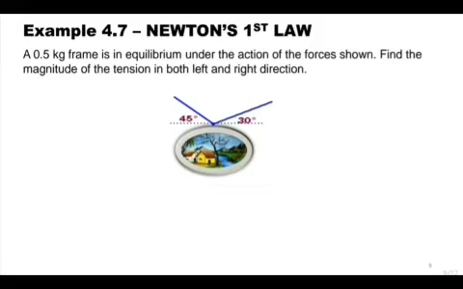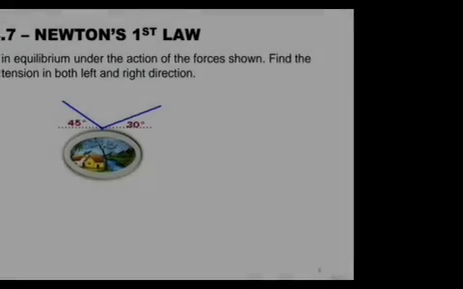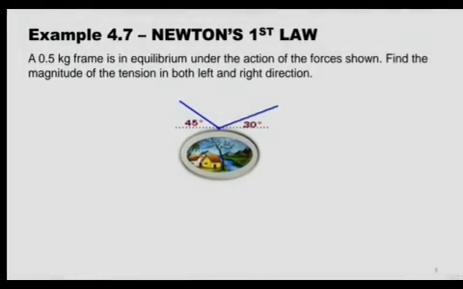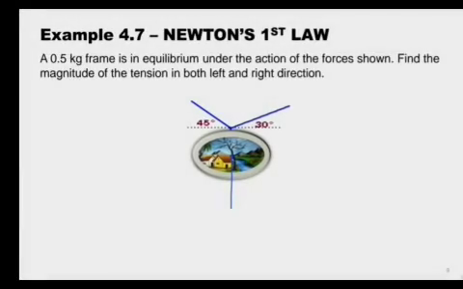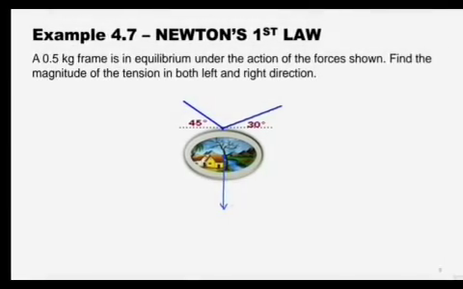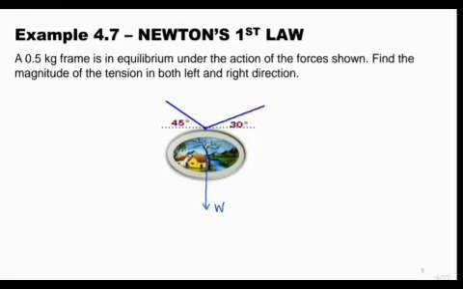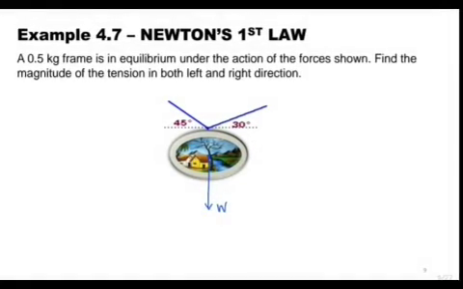For Newton's law problem, I advise you to draw free body diagram first. So, let's identify the forces acting on the frame. The frame experiences weight downward, and then it also has tension on left and right string.